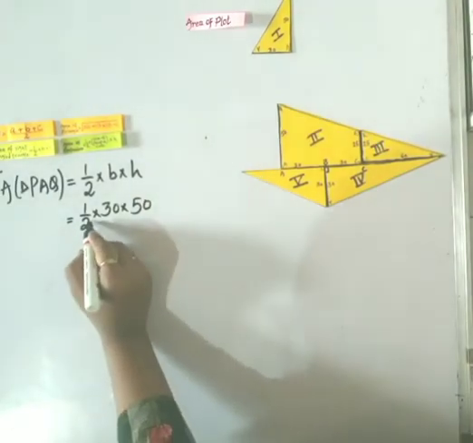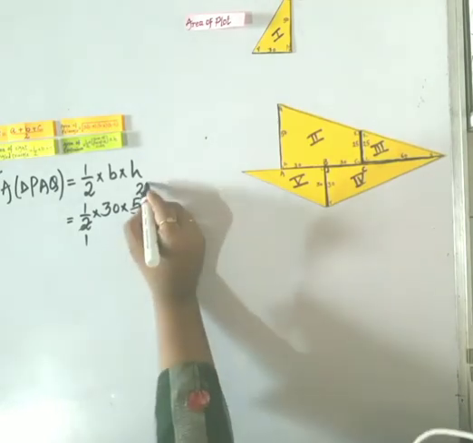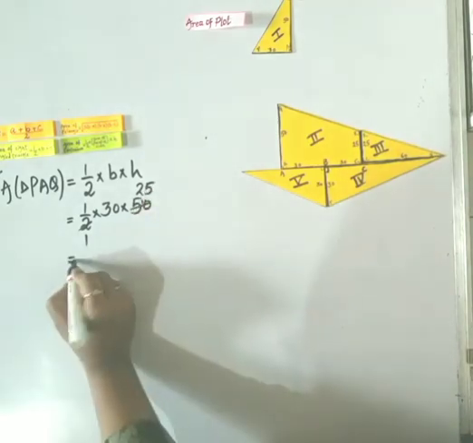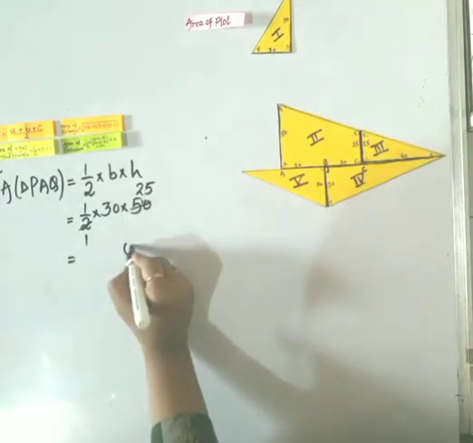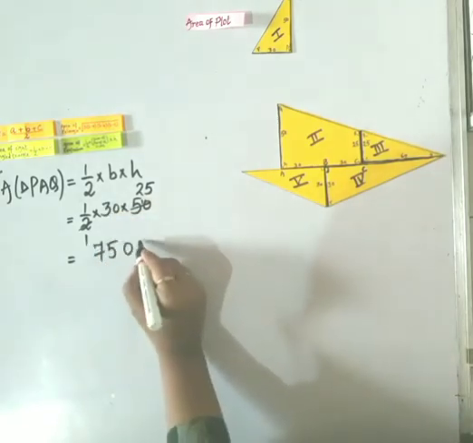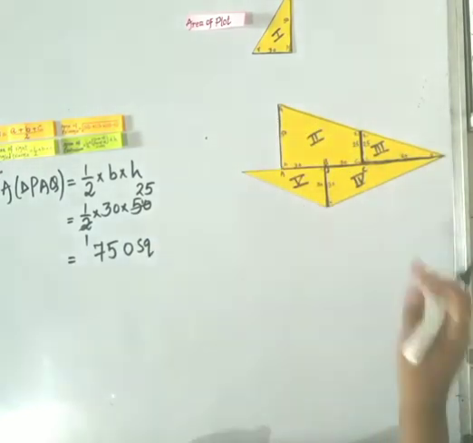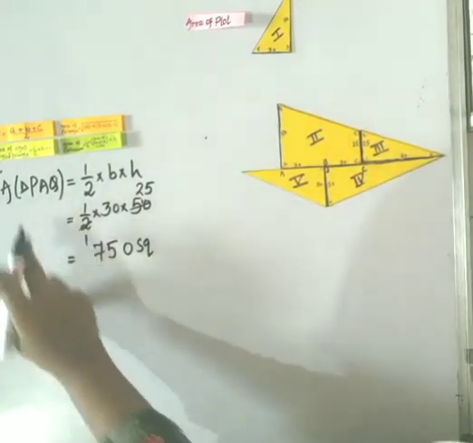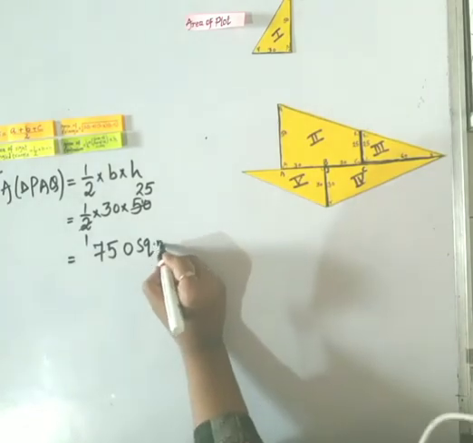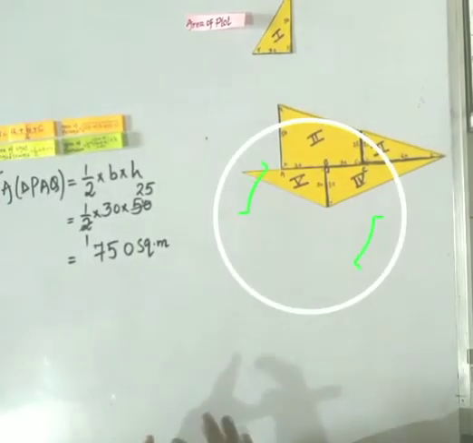Let's solve this. 2 1s are 2, 2 2s are 4, 1 will remain here, 2 5s are 10. So 25 zeros are 0 and 25 3s are 75. So it is 750 square. All the measures here in the plot are given in meters, so the area would be square meter. Okay, so we have got the area of the first part.